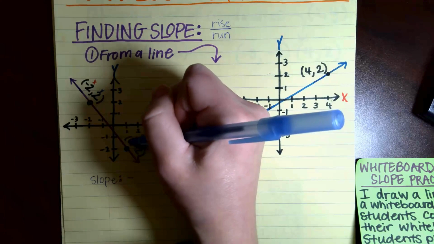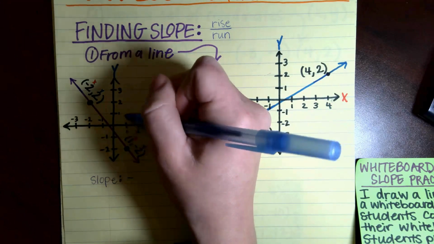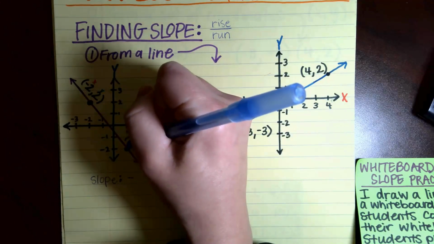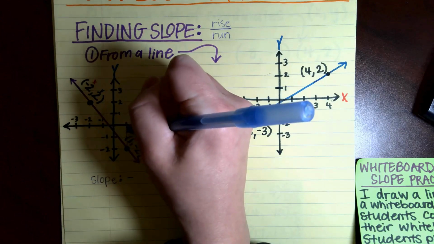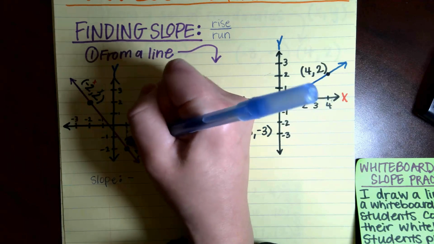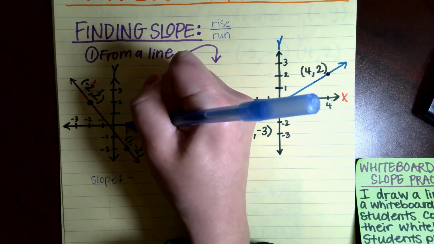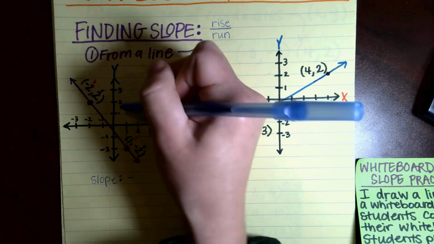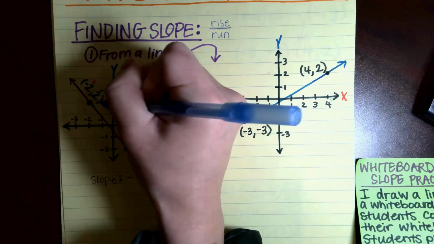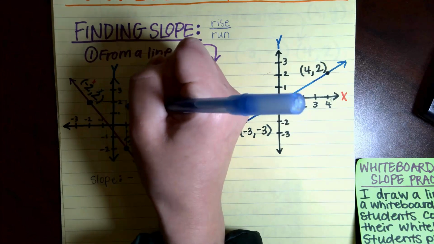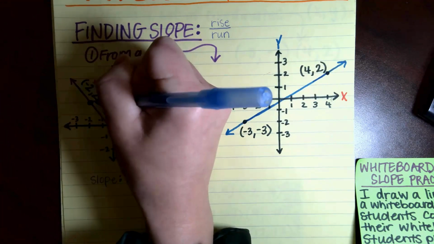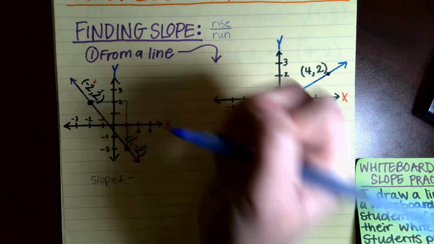So what I'm going to do now is draw the slope, and it's going to look kind of like a triangle. My point here is going to cross through x equals 1, and it goes all the way up to this point at y equals 2. So I've created a little triangle here. All right, does everybody see that?